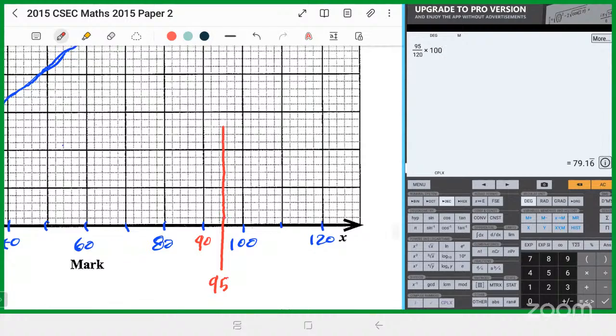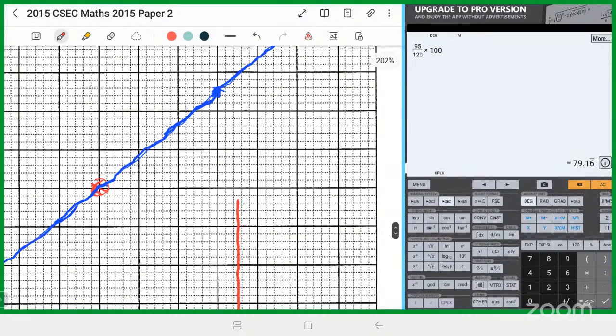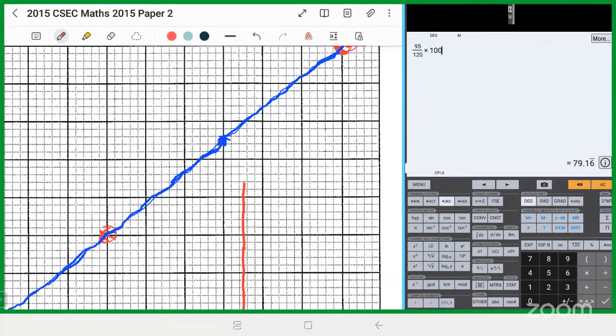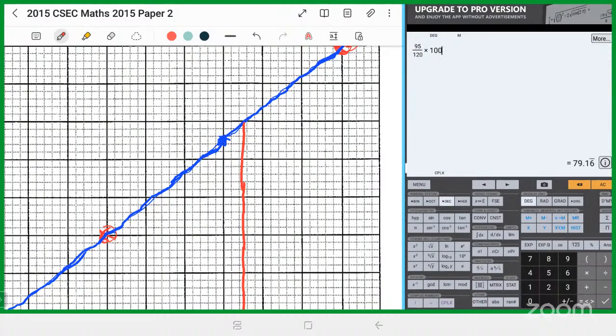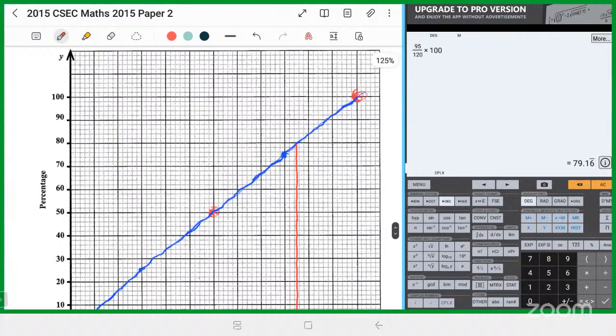So use the ruler and come right up in between here, and show these marks on the graph. And it comes right up to this. We know it's about 79. In between there you have to draw your line, right?